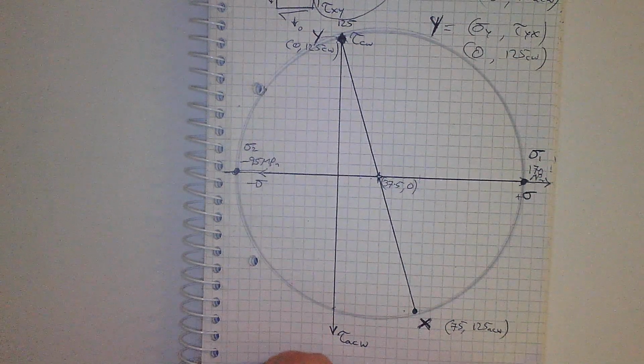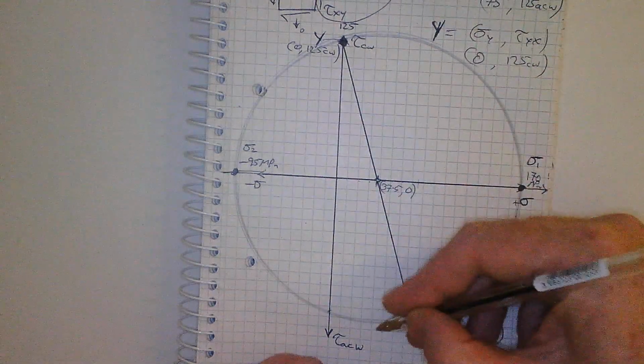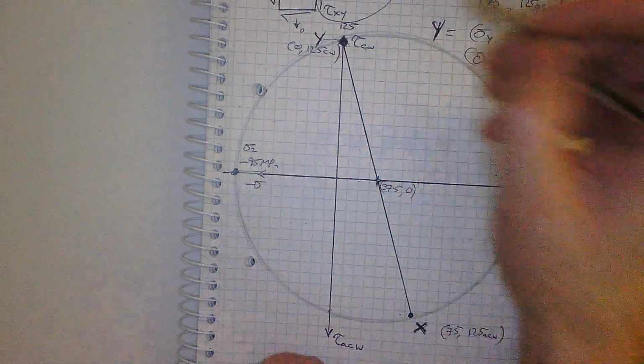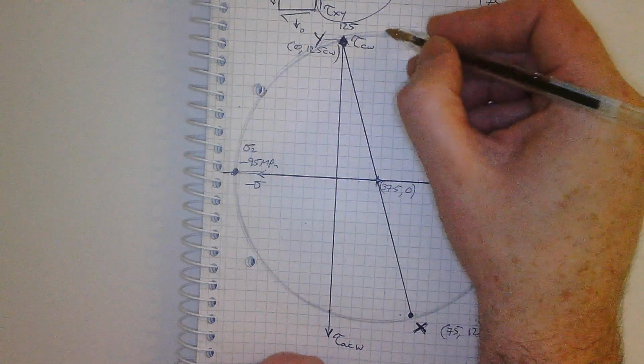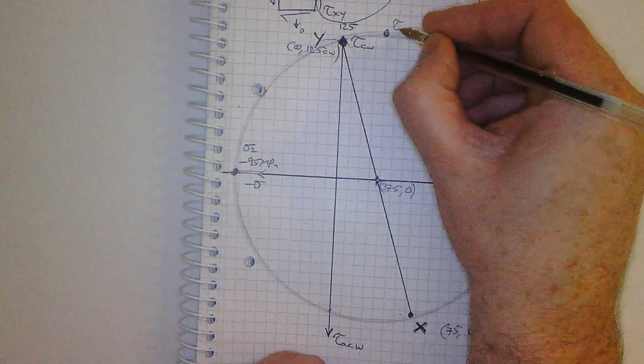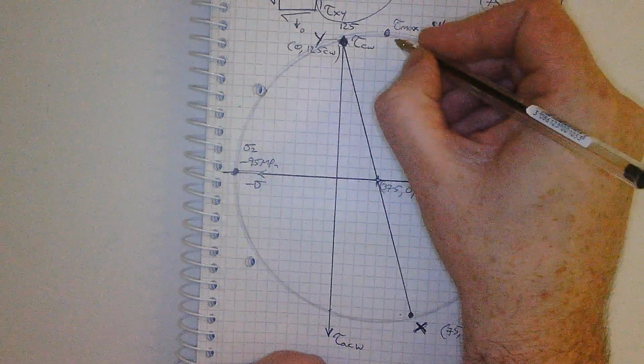The shear stresses then, the maximum shear stress, there's two values for it really. The maximum shear stress in the clockwise direction is up at the very top of the circle here, tau max. So that's the maximum clockwise shear.